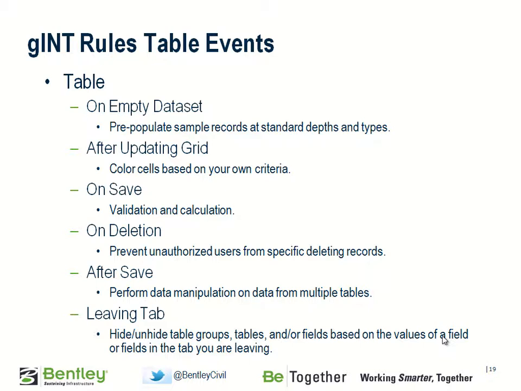On save event for different validation and calculation. On deletion can be used to prevent unauthorized users from deleting records. After save, to perform data manipulation on data from multiple tables. And then leaving tab event to hide or unhide table groups, tables, and or fields based on the values of a field or fields in the tab you are leaving.